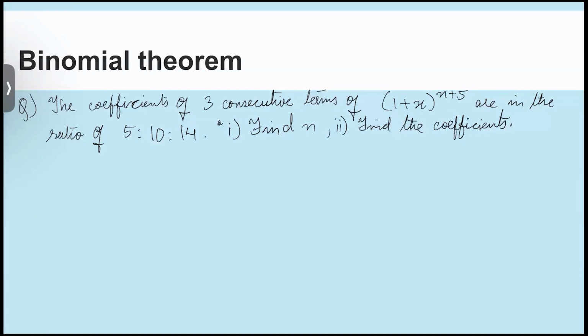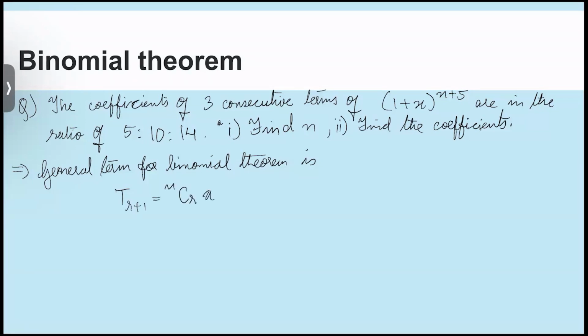To easily calculate, what we will use is the entire form of the general term for the binomial expansion. The general term T(r plus 1) is equal to nCr times a raised to n minus r times b raised to r.